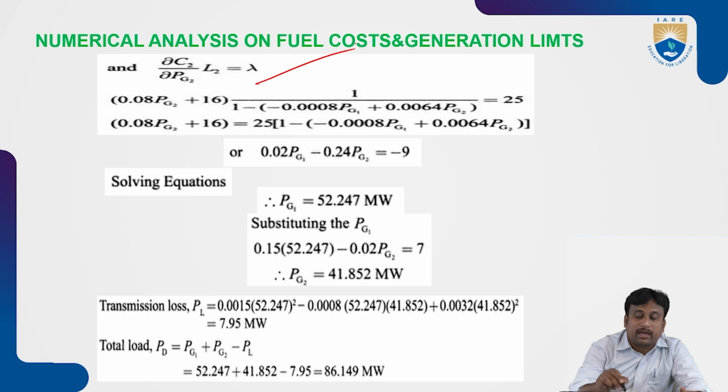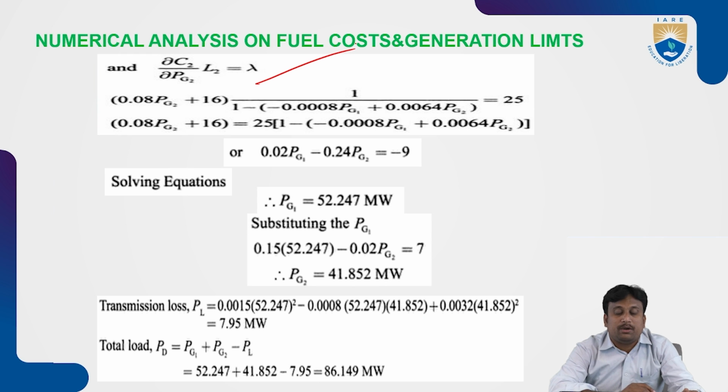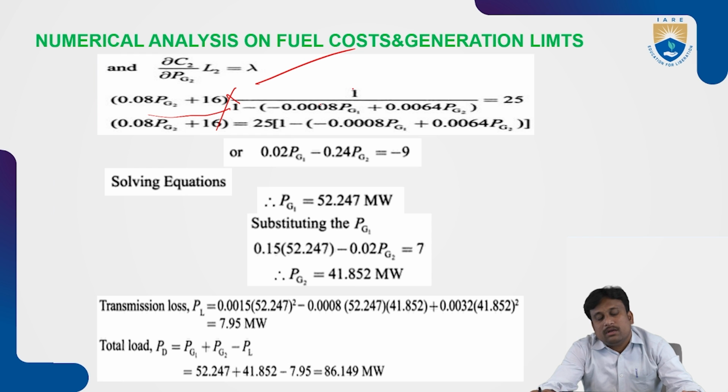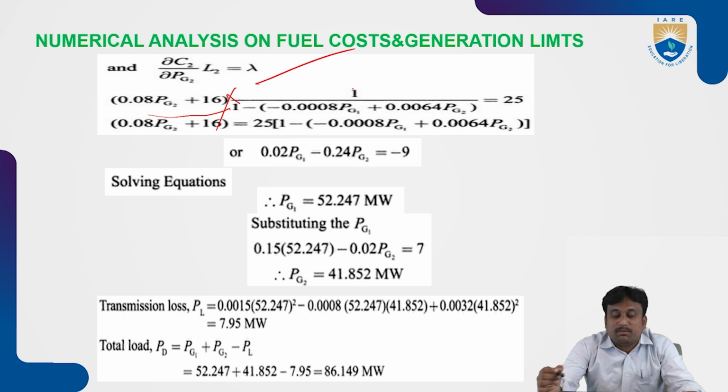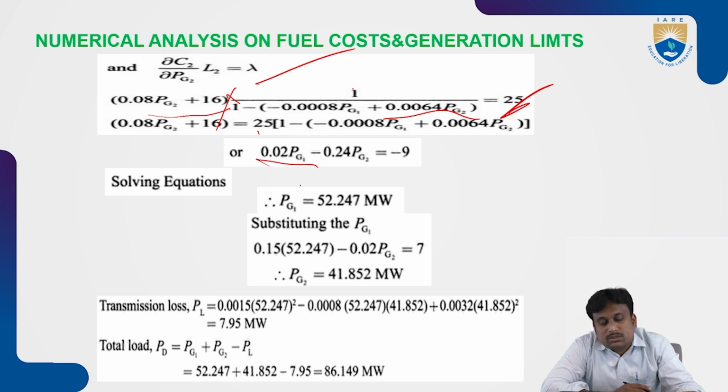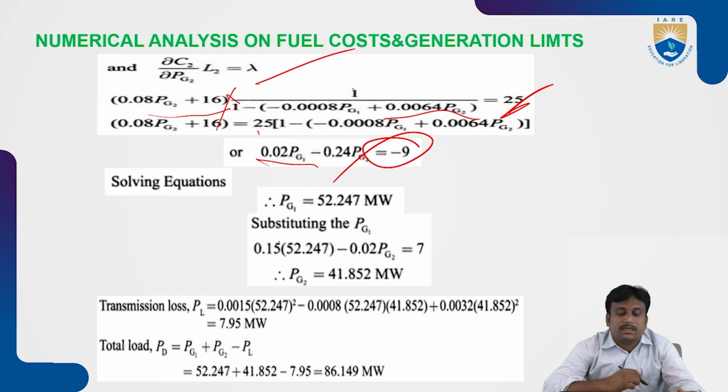Again, if you equate dou C2 by dou Pg2 times L2 to lambda, then multiplying by the coefficient, 0.08 Pg2 plus 16 into 1 by 1 minus minus 0.0008 Pg1 plus 0.0064 Pg2 gives 25. If you simplify this condition, you may get 0.002 Pg1 minus 0.24 Pg2, which is about minus 3.